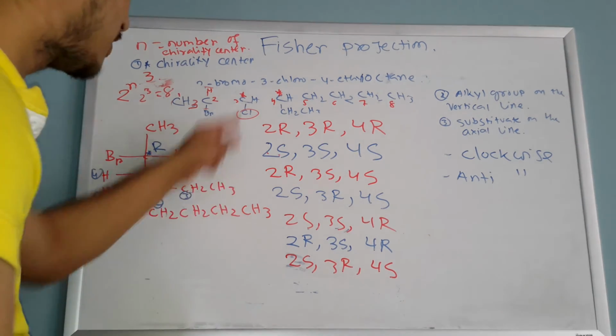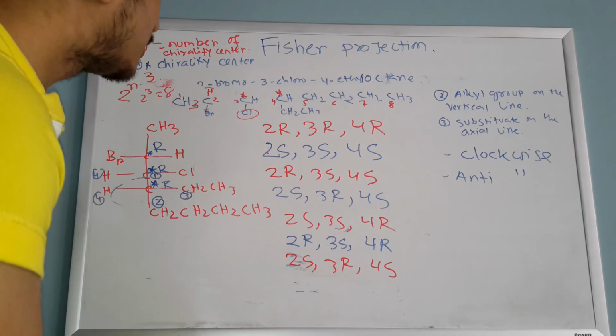So there are 8 possible structures you can make this way.